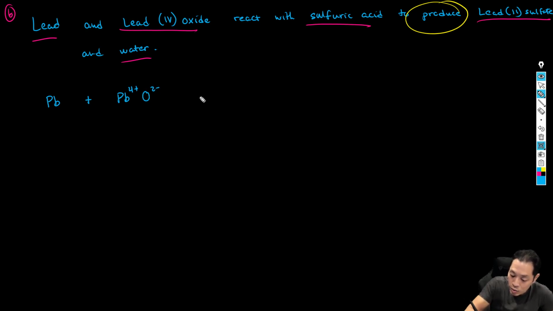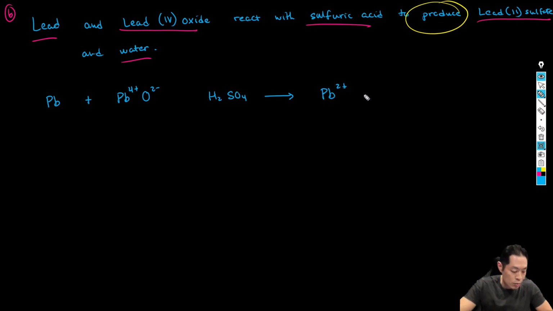It's going to react with sulfuric acid, which is from problem 2, H2SO4, and it's going to yield lead 2 plus sulfate, so that will be SO4, and then let's see, water, H2O.